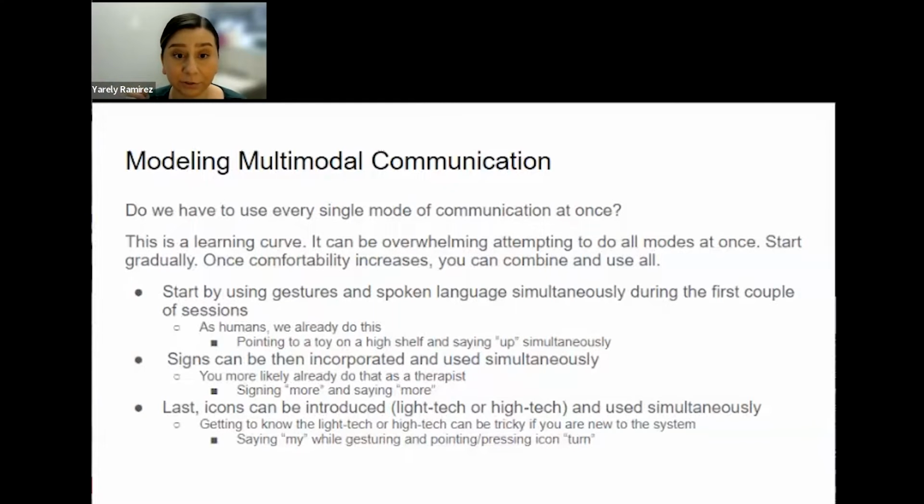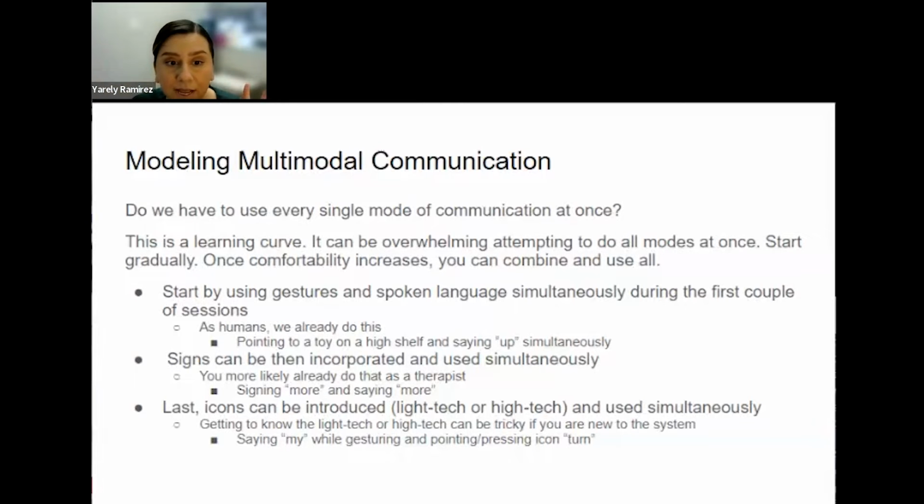So you can start by using gestures with spoken language. We technically already do this as human beings. Let's say there's a toy on the high shelf and we point up with our index finger to show that the item we want is on top. It's up there.